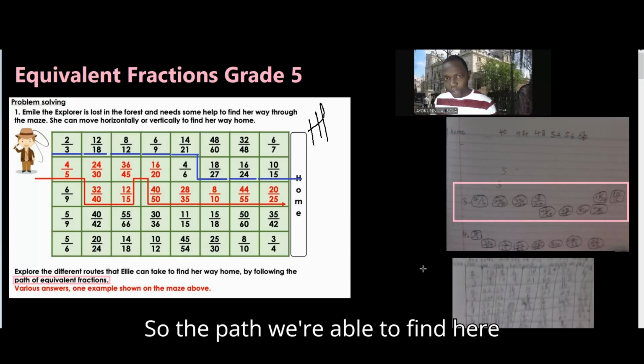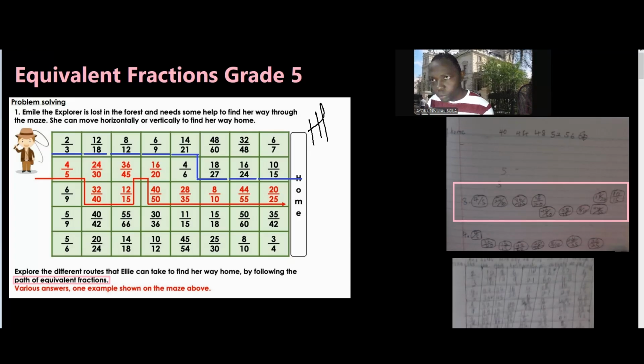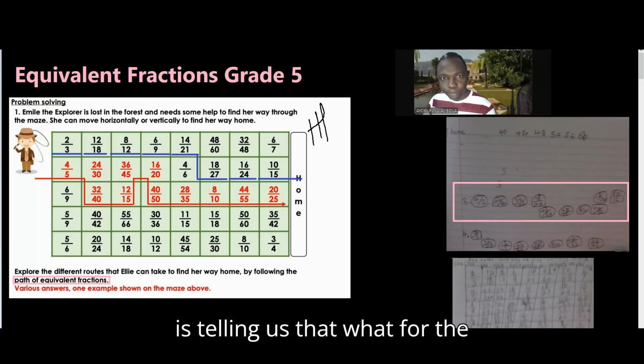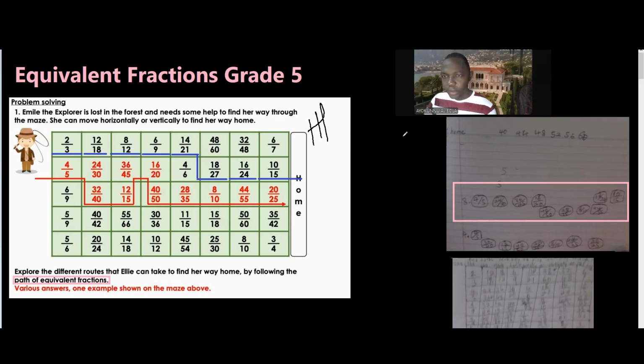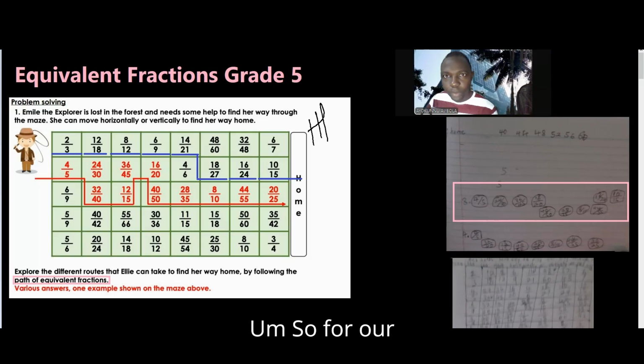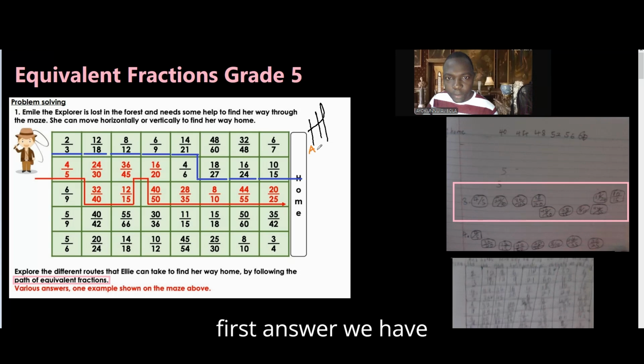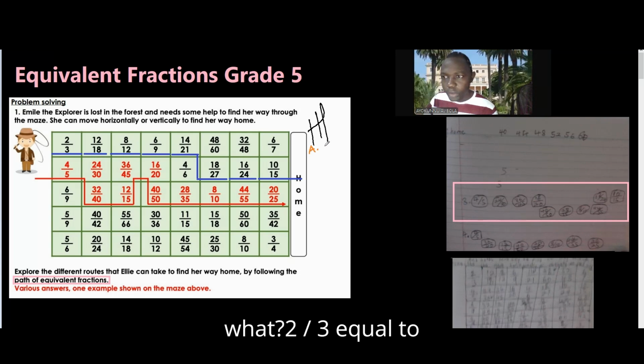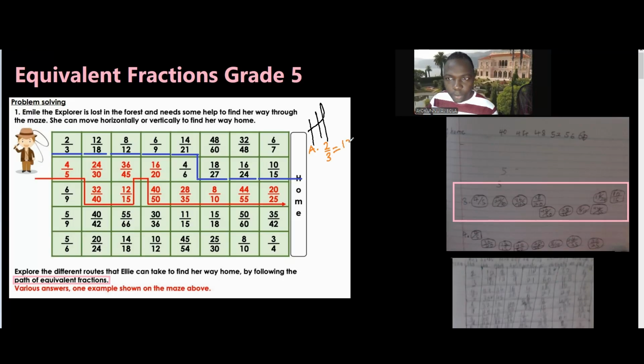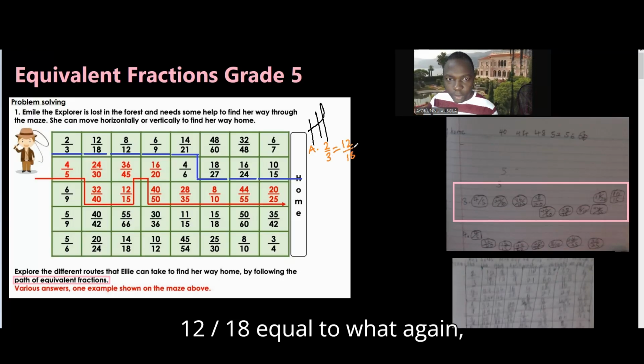So the path we're able to find here is telling us what? For our first answer, we have 2 over 3 equal to what? 12 over 18.